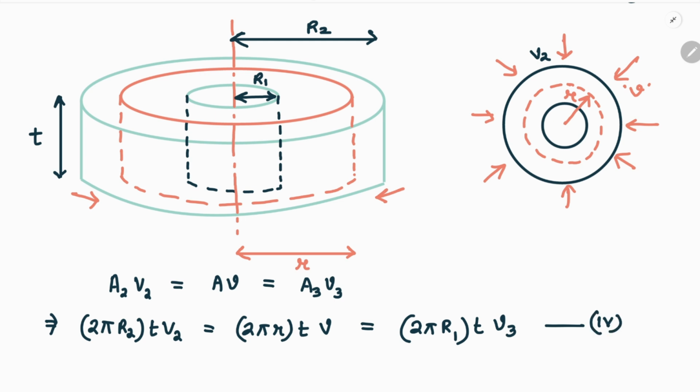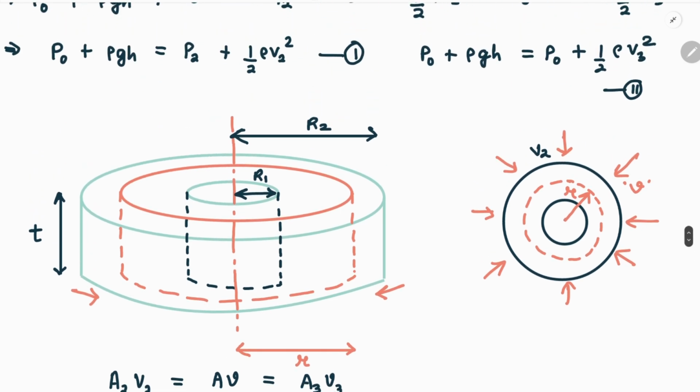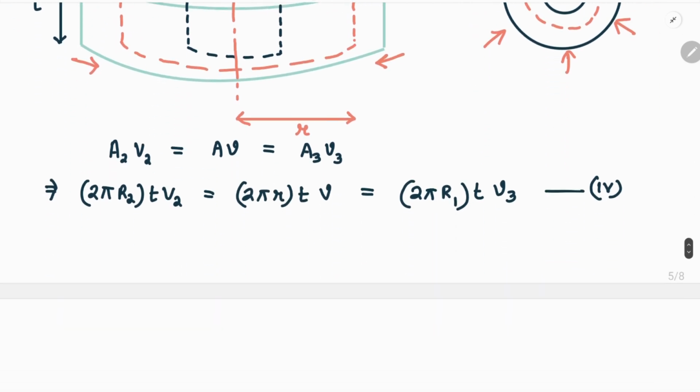So we are asked to calculate pressure variation with distance r, that is P2 is to be evaluated from this expression. To evaluate P2, we write from equation 1. P2, which is equal to P in this problem, we need to find, is P0 plus rho g h minus half rho v2 square.